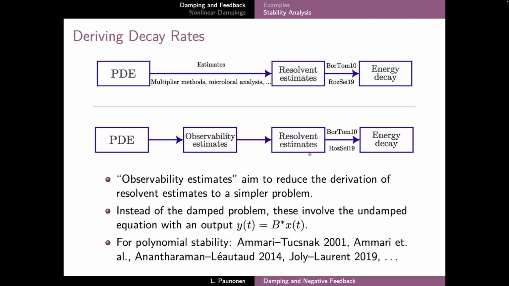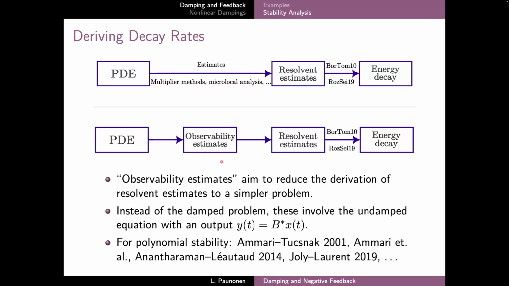And again, this would imply stability and a decay rate. In this way, observability estimates are a method of simplifying the process and splitting it into more but simpler parts.